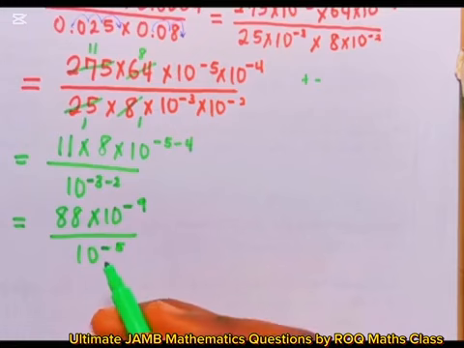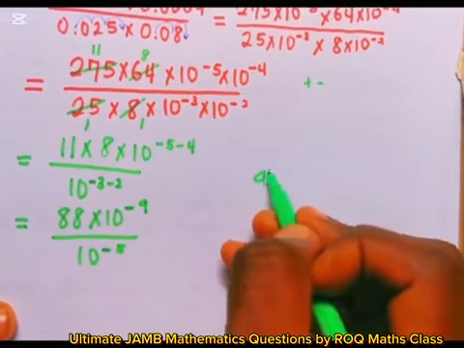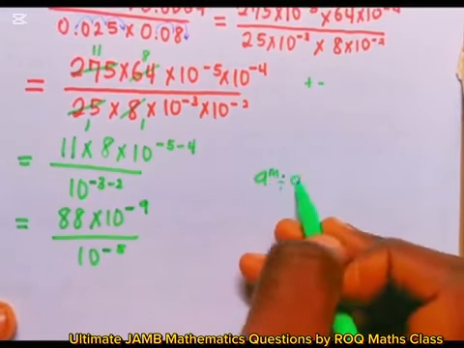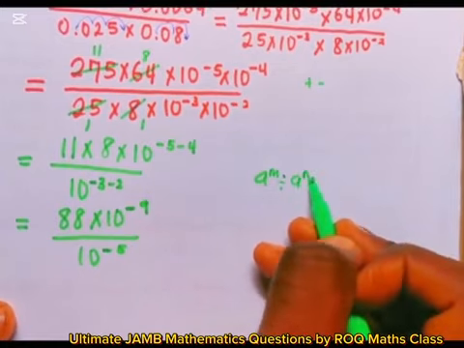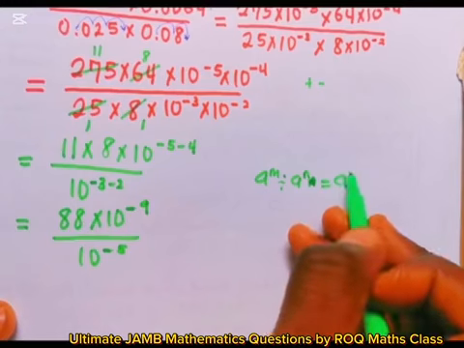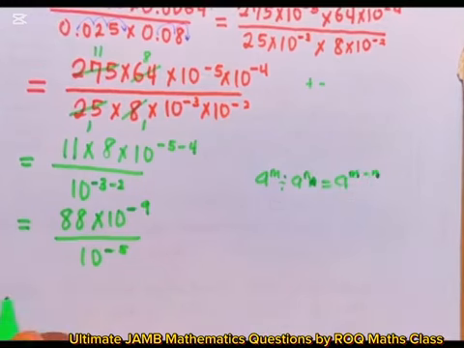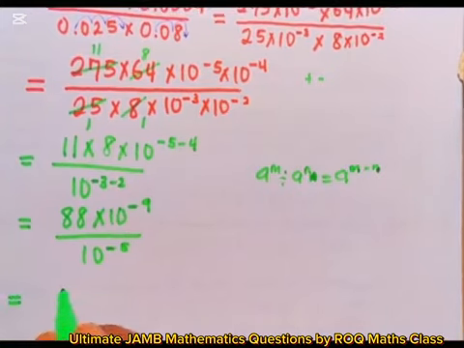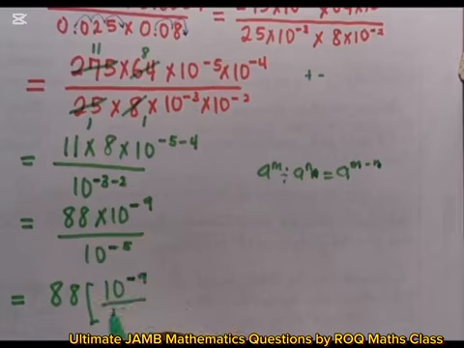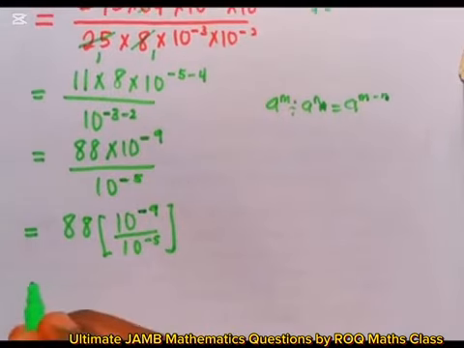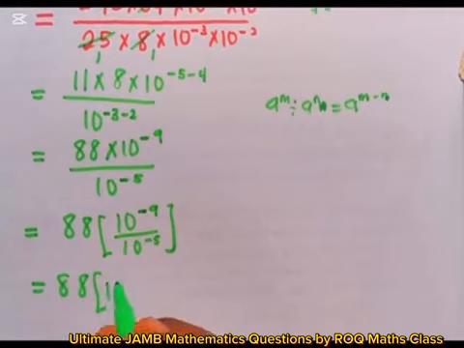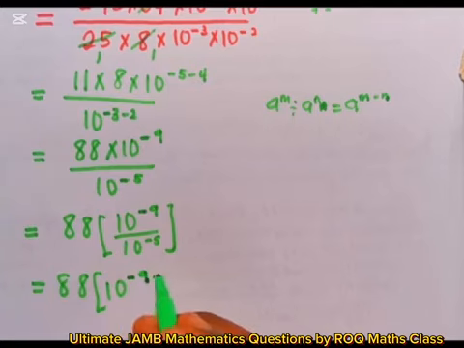So, from the law of indices, whenever we have a raised to the power of m divided by a raised to the power of n, this is the same thing as a raised to the power of m minus n. So from here, I can write this as 88 times 10 to the power of negative 9 minus negative 5.